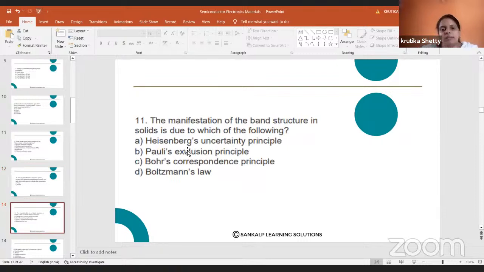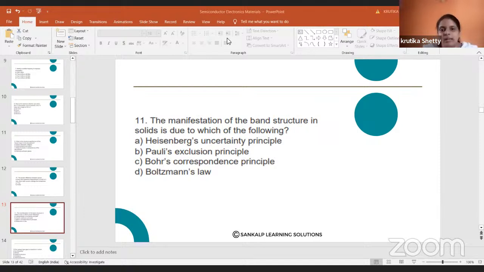Heisenberg uncertainty principle explains that momentum and position cannot be determined simultaneously. So Heisenberg does not apply, because for a given electron the position and the momentum cannot be calculated simultaneously. Here the manifestation of the band structure in solids is due to option B, that is Pauli's exclusion principle.